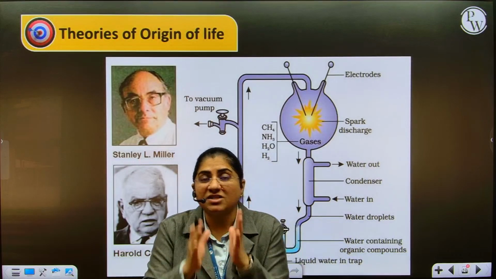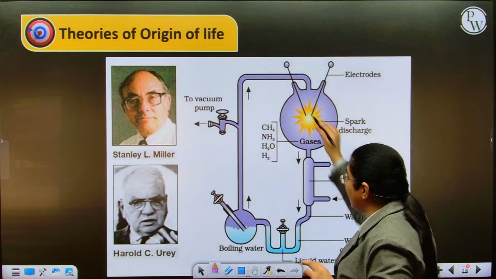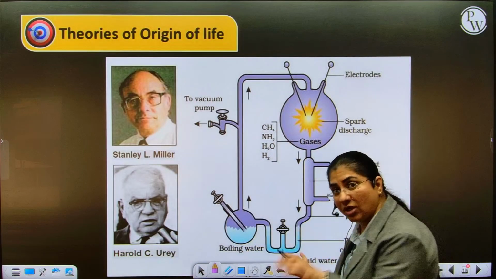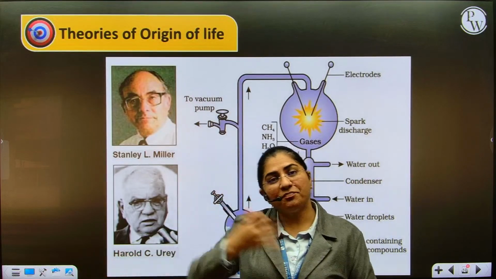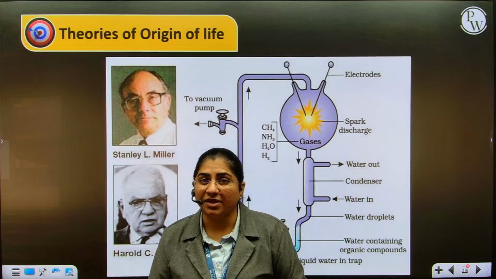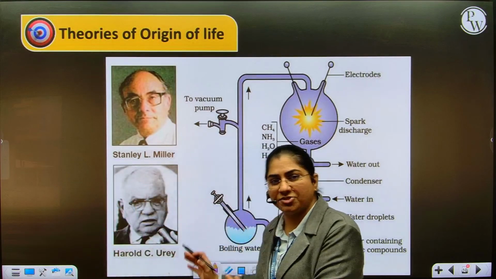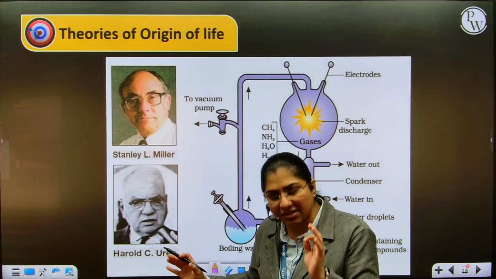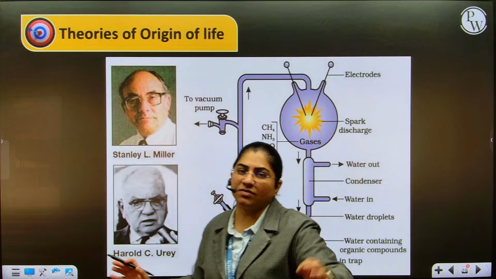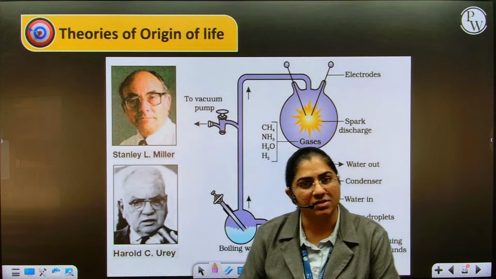Thereby, the first part of this theory, saying that from chemicals micromolecules and macromolecules were formed, is absolutely correct. And how the first life came into existence from them, yes, it is still a mystery, but because the first part of the theory has been completely proven, we say that this is one of the most acceptable theories of how life came into existence. Is this clear?